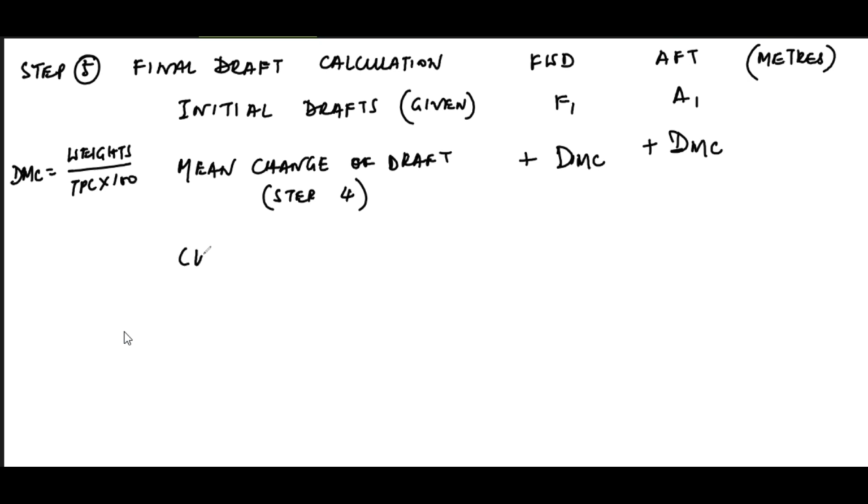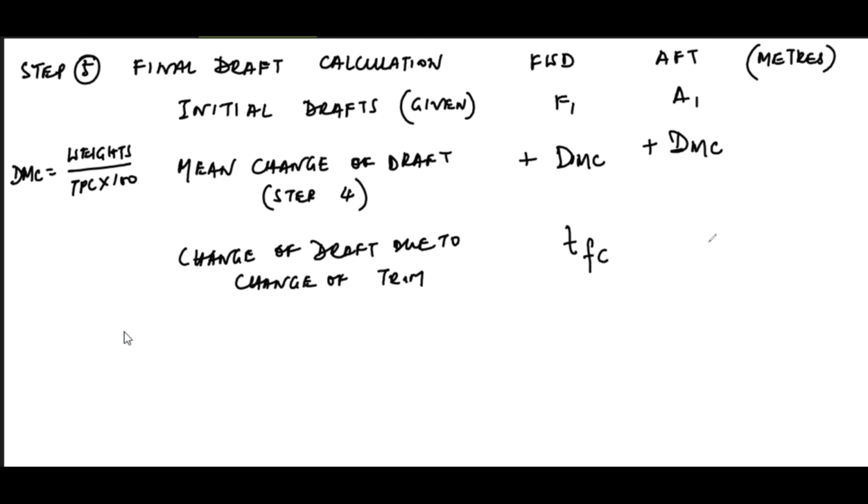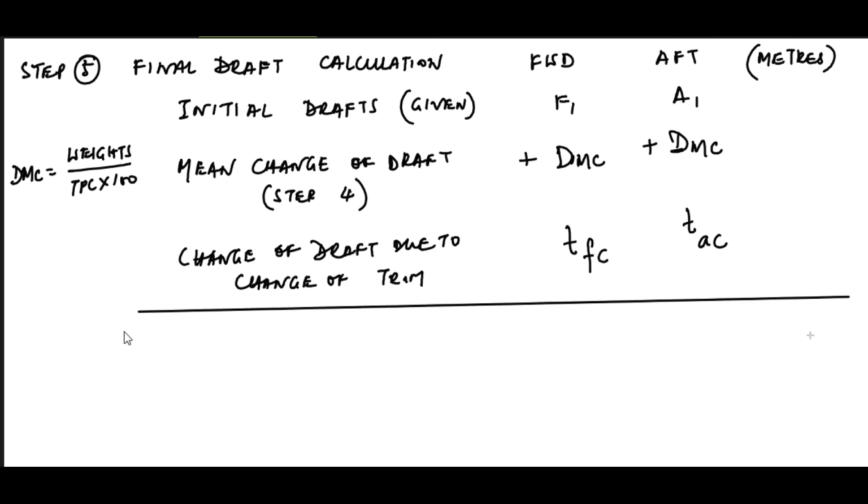Next is change of draft due to change of trim. So at the forward I have TFC, and at the aft I have TAC. What remains is the sign.